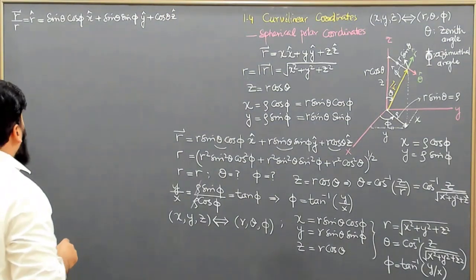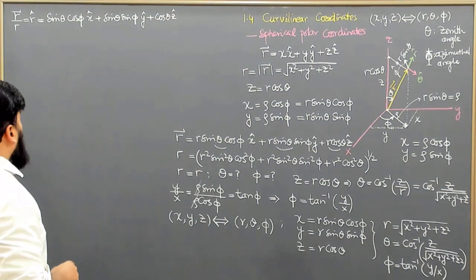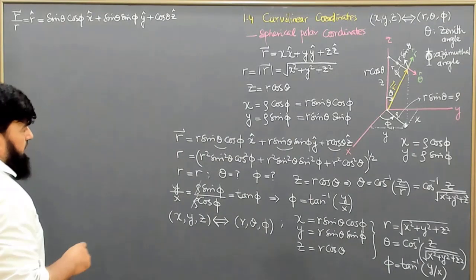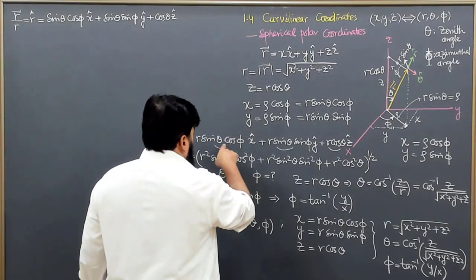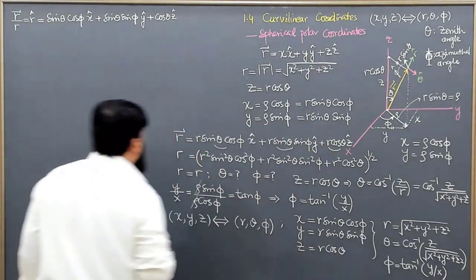So we have the r unit vector like this. The r unit vector has three-dimensional components, x, y, and z.